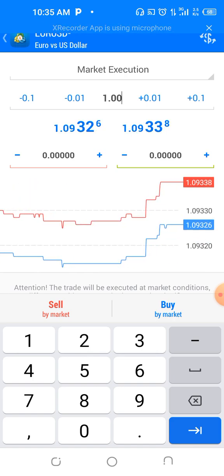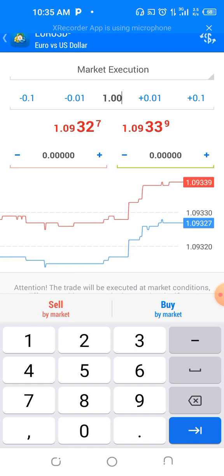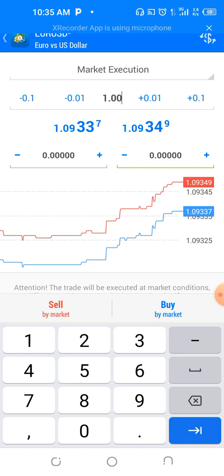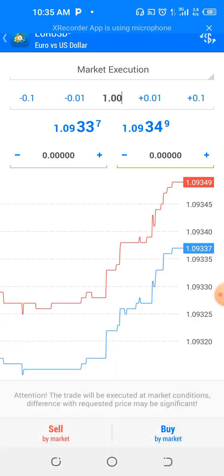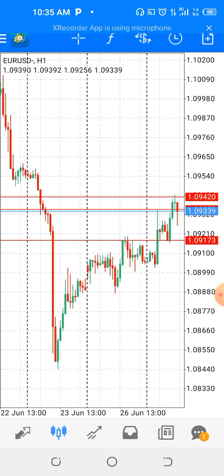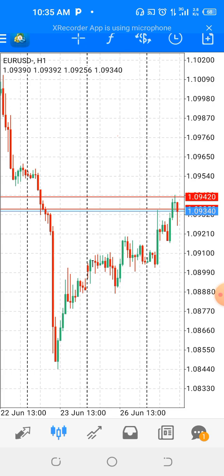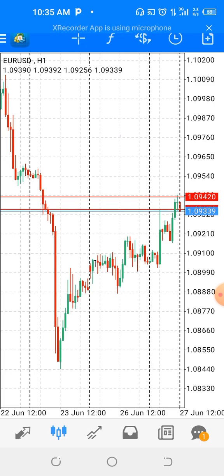Now let me use it to wrap up this video. So let's go back to the chart window and try to execute a trade. Let me remove these horizontal lines.